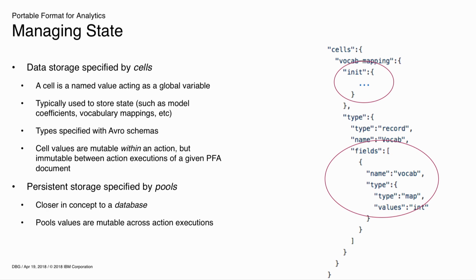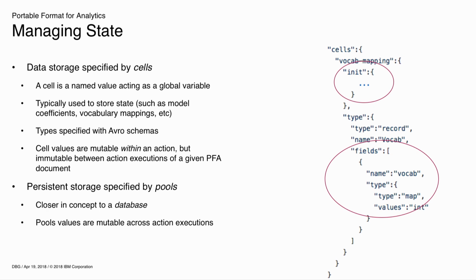So it's a way of storing things such as model coefficients, or mappings from terms to indices for vocabulary. These are the little pieces of state that your machine learning model or transformer will require.